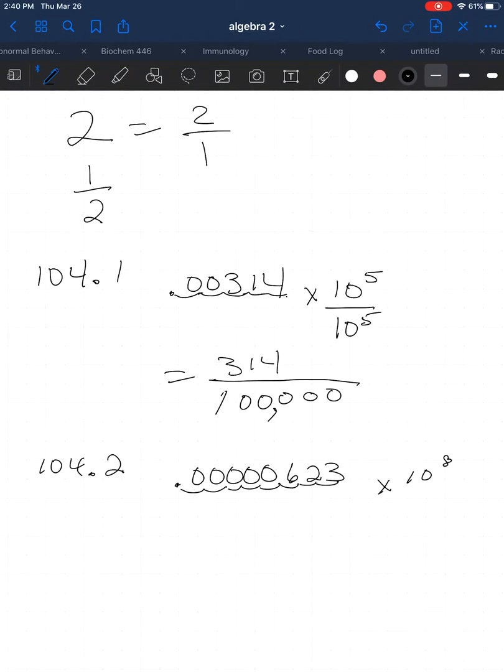So we need to multiply by 10 to the 8th, which means we have to also divide by 10 to the 8th. So when we do that, this becomes 623, and the denominator becomes 1 with 8 zeros. 1, 2, 3, 4, 5, 6, 7, 8. So 623 over 100 million. All right, so that's pretty easy.